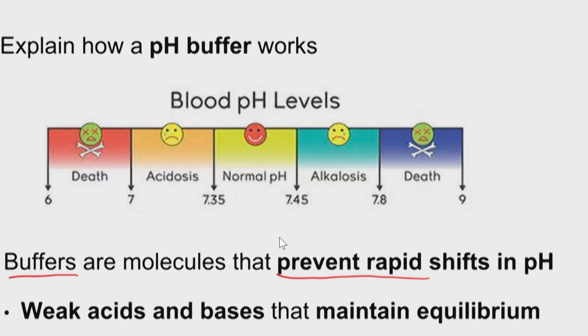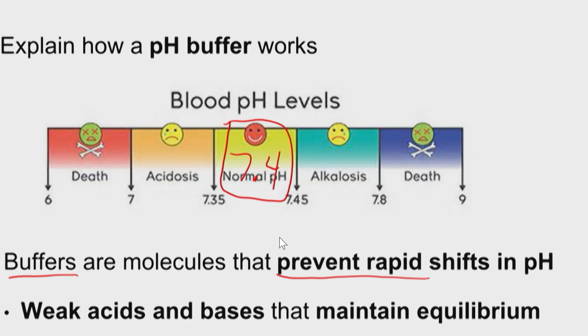Okay, so at the top, you can see your blood pH levels, and your normal and happy blood pH here is at 7.4. Normal blood pH, hopefully you can read that, is at 7.4.